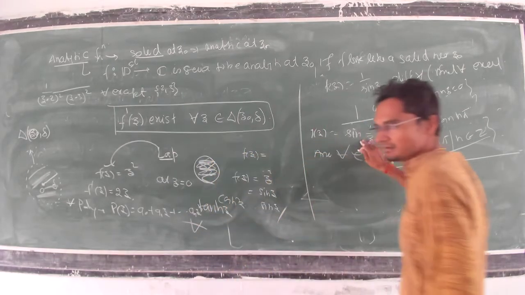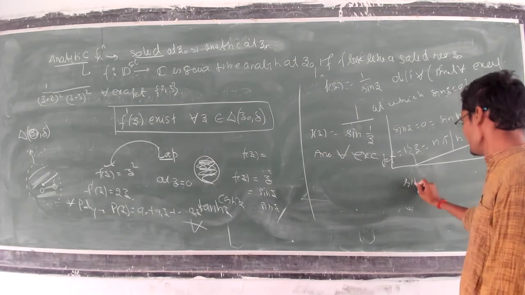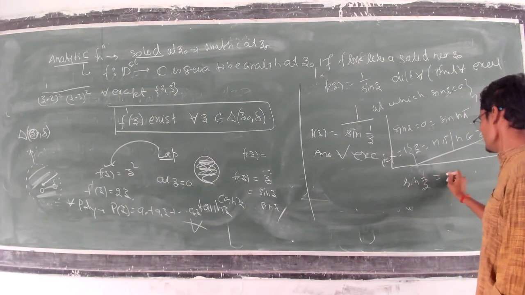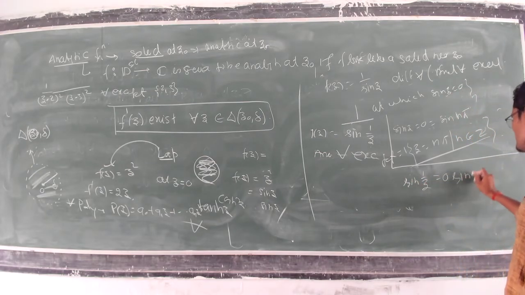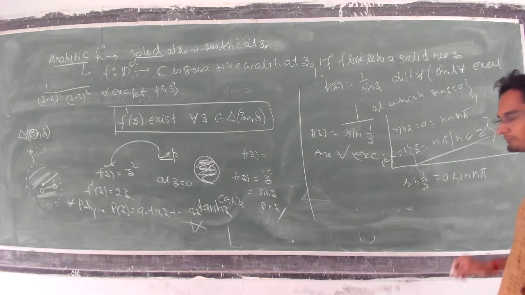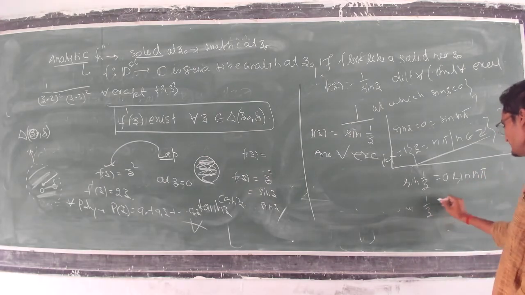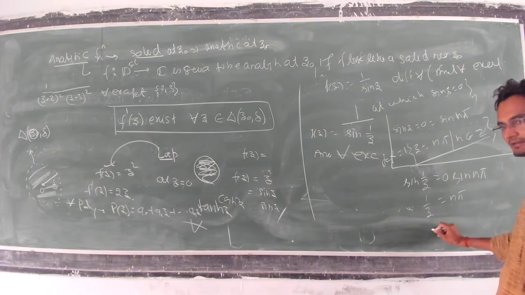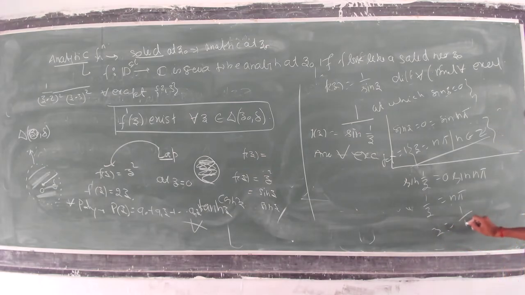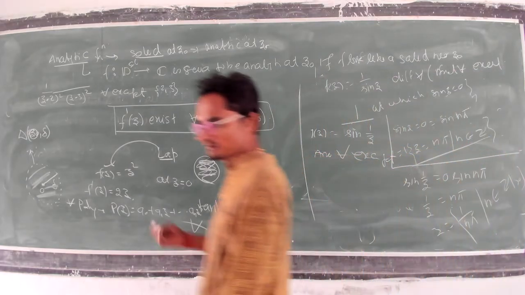So we can find the zeros: sin 1 over z is equal to 0 is equal to sin n pi, so 1 over z is equal to n pi, then z is equal to 1 upon n pi, n belongs to integers minus 0. So this is analytic everywhere except these points.